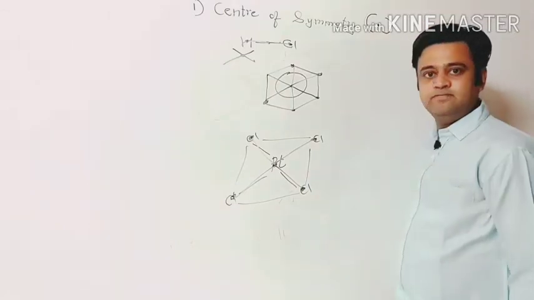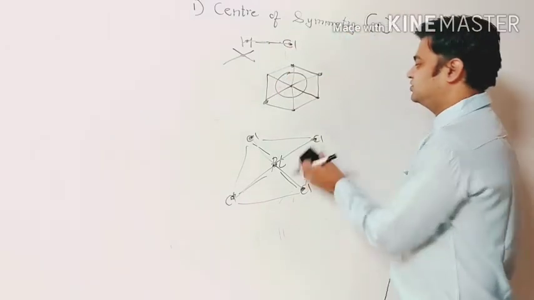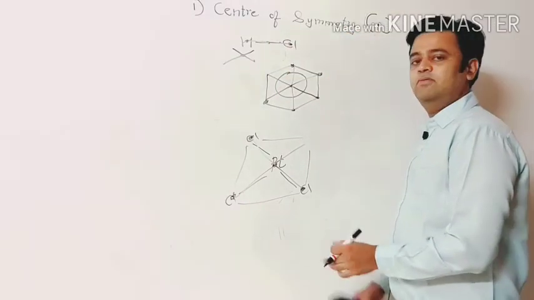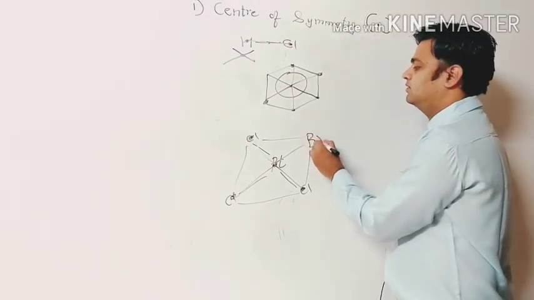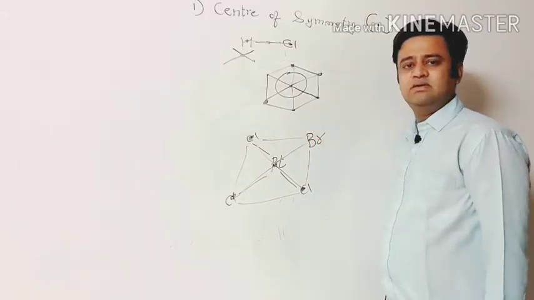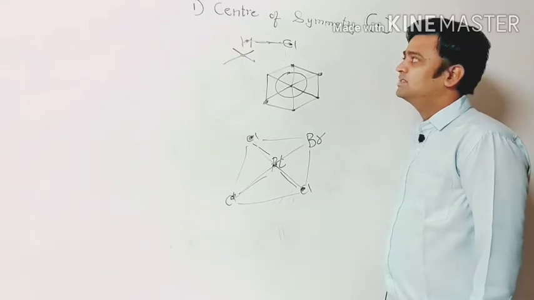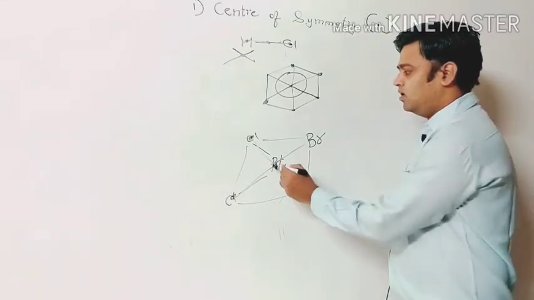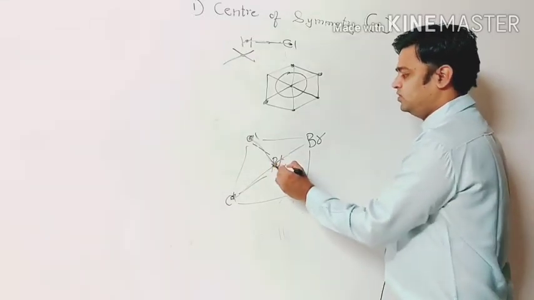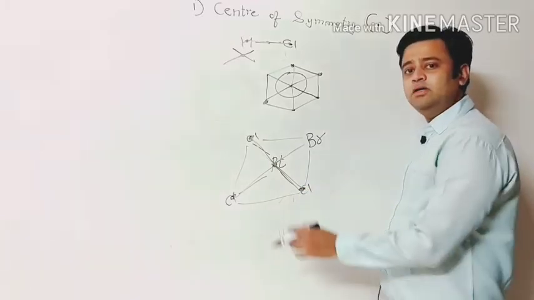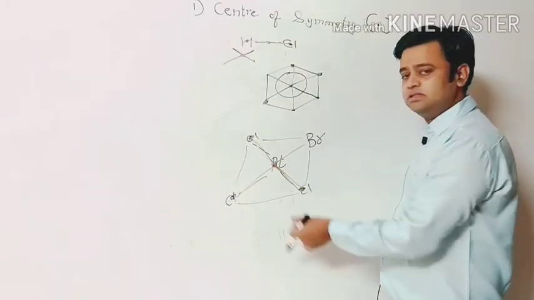What will you get if suppose I change one of the chlorine by bromine? Does it follow symmetry? Does it have a center of symmetry? On one side, yes, it's going to meet chlorine. But what happened to the next?